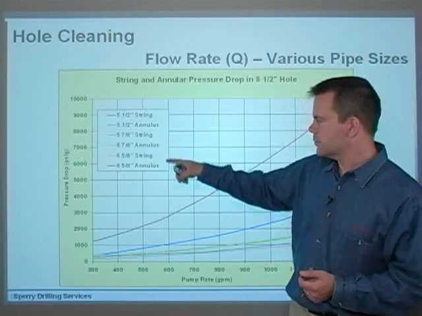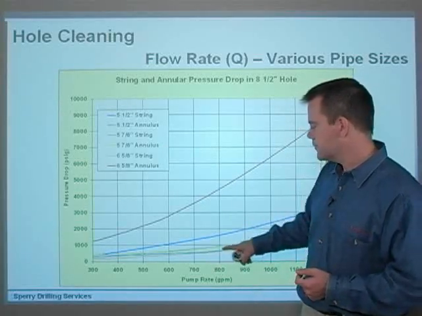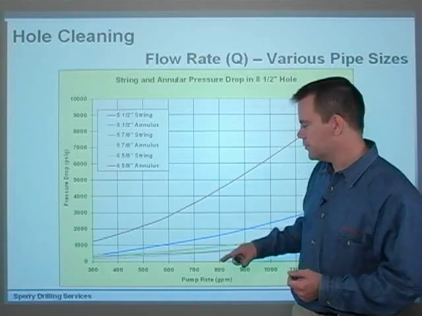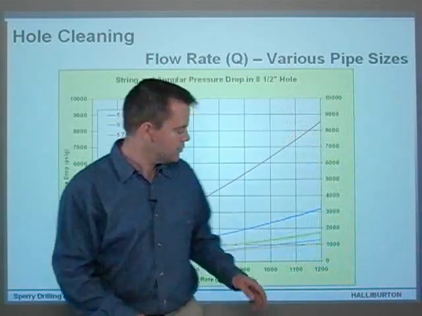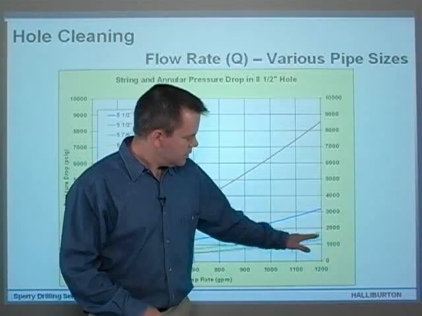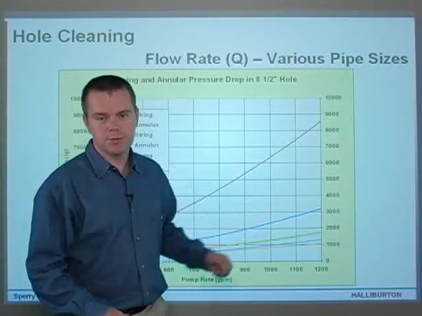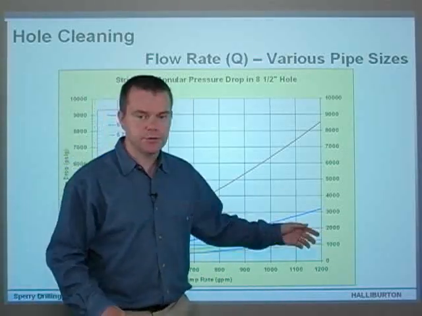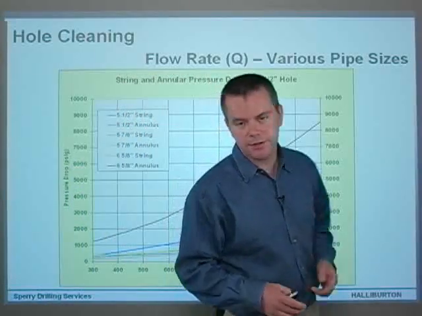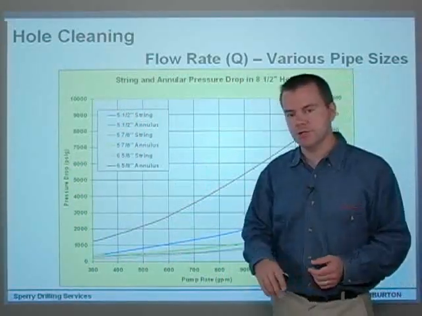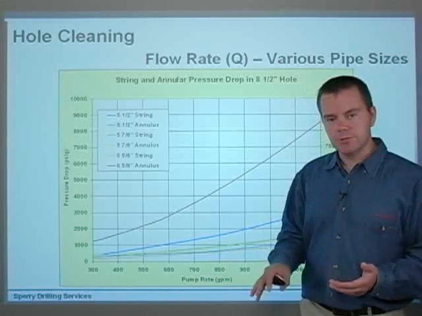But the 5 7/8 pipe, if you have a look at the internal pressure and the annular pressure, there are two green lines on here, and they both basically sit at approximately the same level on the graph. So the internal and annular pressure, when you're drilling 8.5-inch hole, neither of them are prohibitive at all.